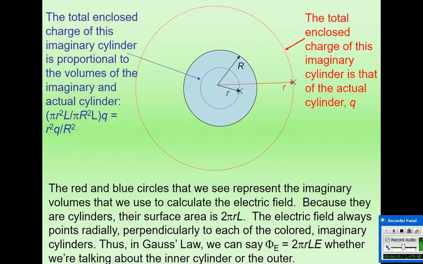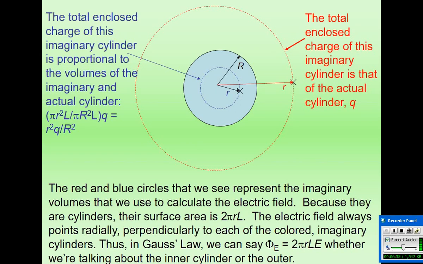The other part of Gauss's law that we have to worry about is an expression for the electric flux. If you'll recall, Gauss's law says that the electric flux is equal to the enclosed charge divided by epsilon naught. We've come up with an expression for the enclosed charge on the right-hand side of the equation. We need to come up with an expression for the electric flux on the left side of the equation.